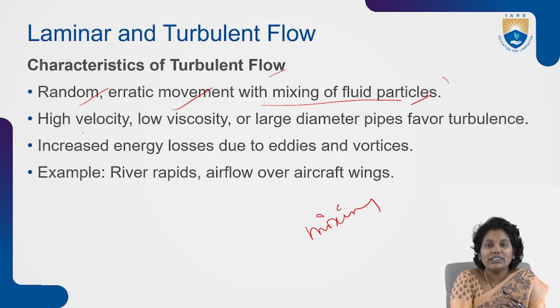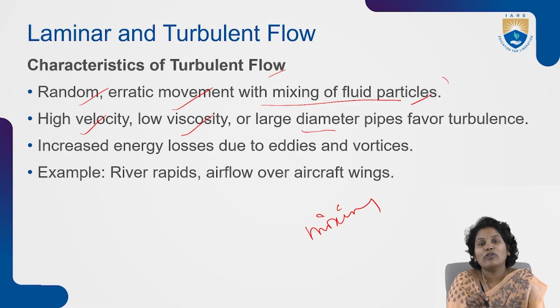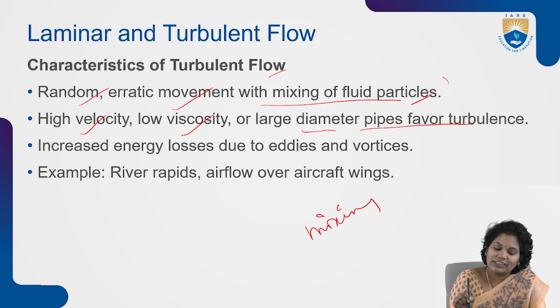And as we discussed, turbulent flows have high velocity and low viscous nature, and this type of flow we see for larger diameter pipes. Larger diameter favors turbulent flow, while small diameter pipes favor laminar flow. There is increased energy loss due to the eddies and vortices, due to the random movement of the particles.